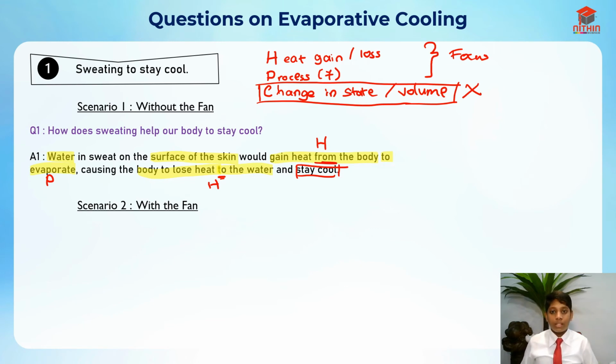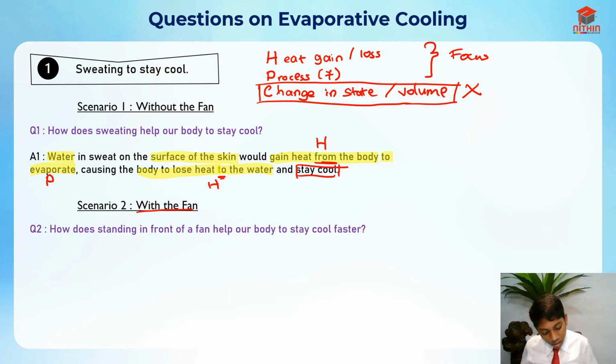Now let's move on to the second scenario, which is with the fan. Let's take a look at the question. How does standing in front of the fan help our body to stay cool faster? There is a comparison term over here, faster. So in our answer, we should include comparison terms as well.